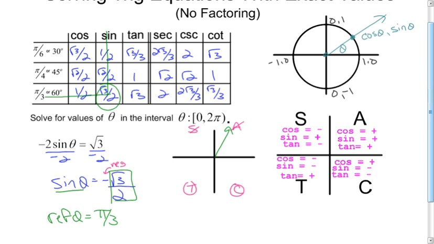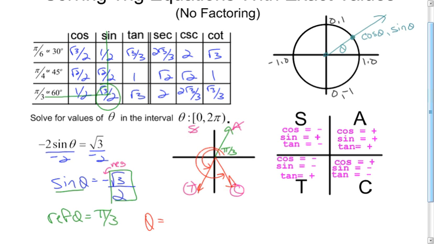But I'm using radians because it says so in the problem. So my reference is pi thirds, but it's not my answer because my angle is not in the first quadrant. So I use the reference to build two more angles, the first one in the third quadrant and the next one in the fourth quadrant.